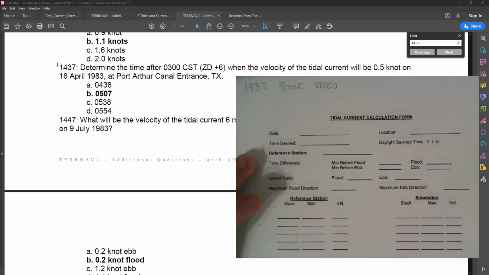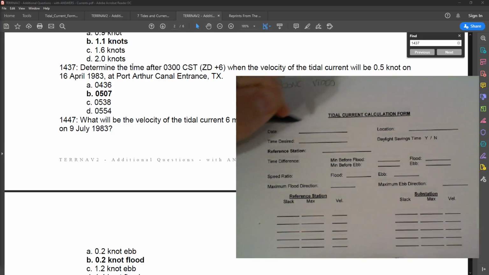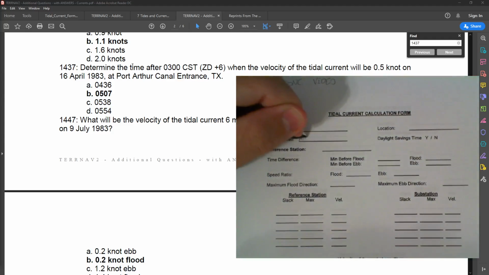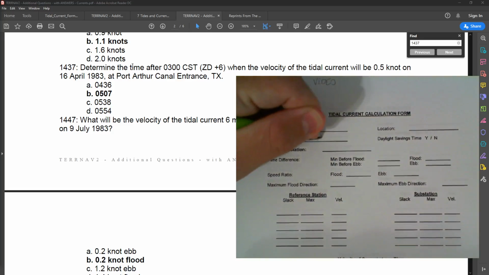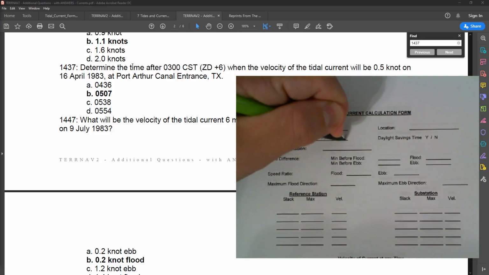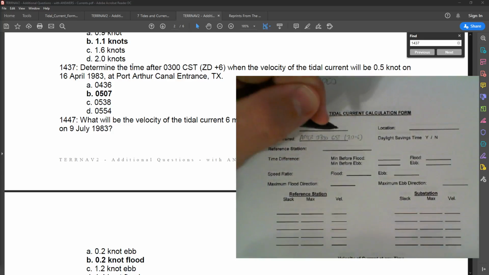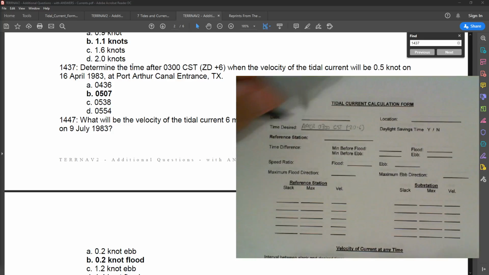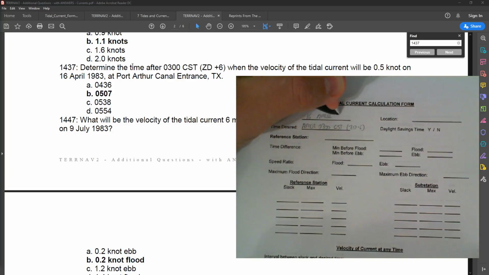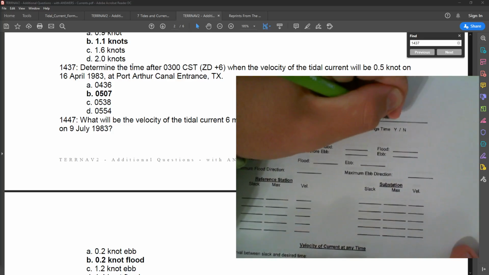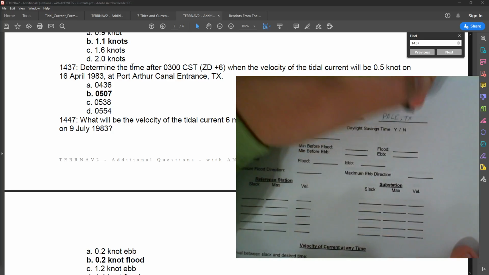So let's get started. 1437 states, determine the time after, not the date, time after 0300 Central Standard Time, ZD plus 6, when will the velocity of the tidal current be 0.5 knots on 16 April 83 at Port Arthur Canal Entrance, TX.